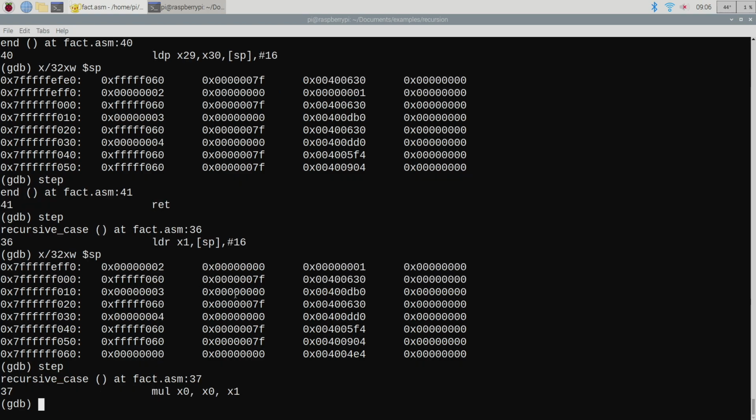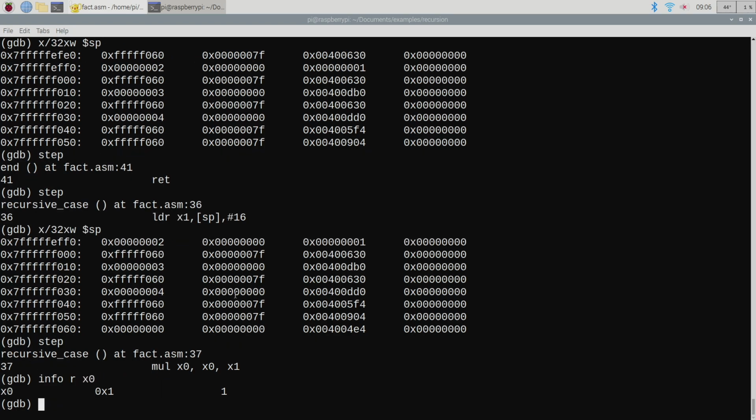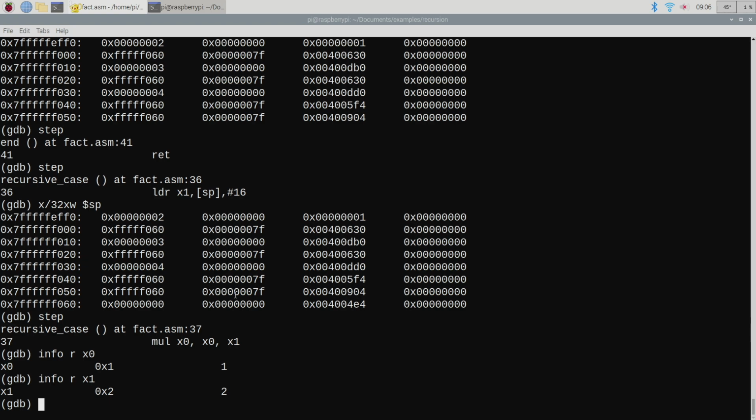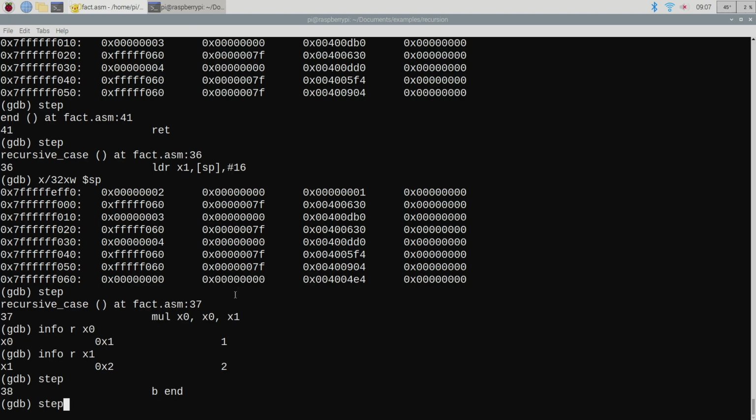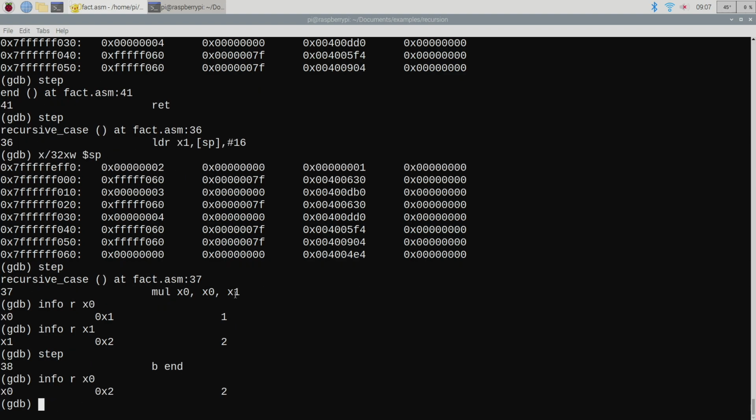Okay, and so now what's sitting in register 1? Register 0 is 1, and register 1 is 2, and what am I about to do with those? Multiply them. And now, shockingly, 2 is in register 2.